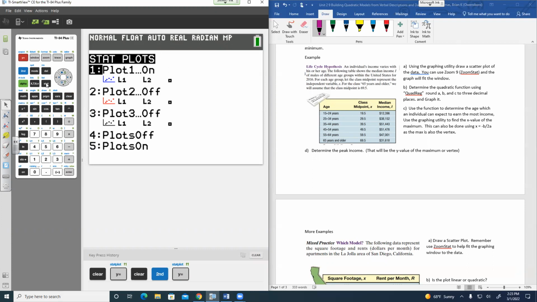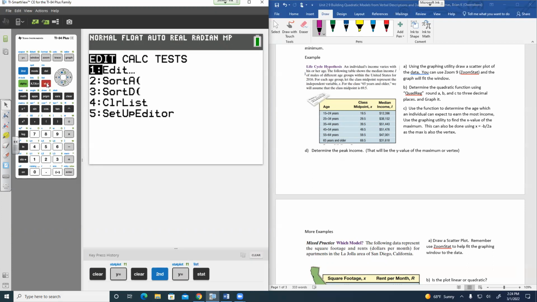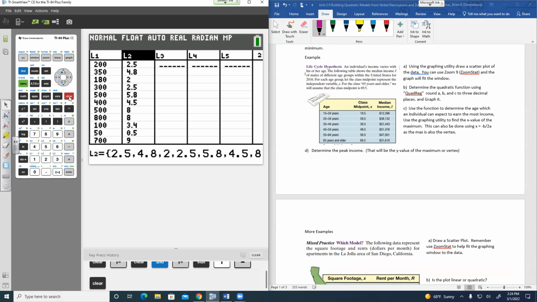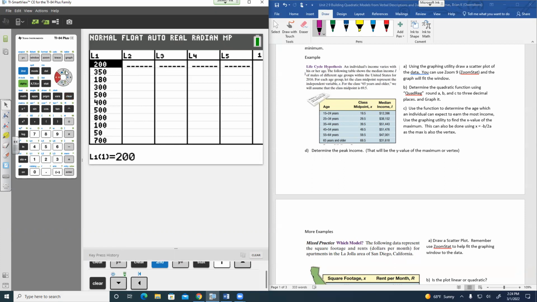From there, if we hit the Stat button, remember, if we use the Edit option, that's where those lists come from. So we can clear L2, come over, highlight L1, clear that data as well, and come back down.